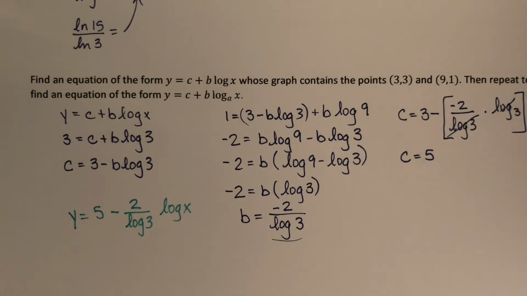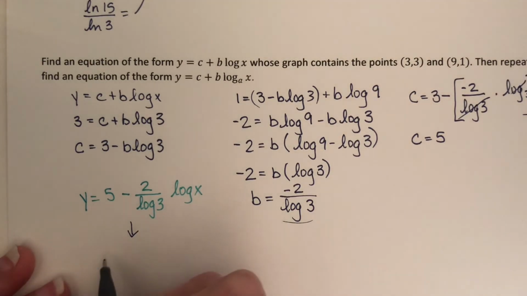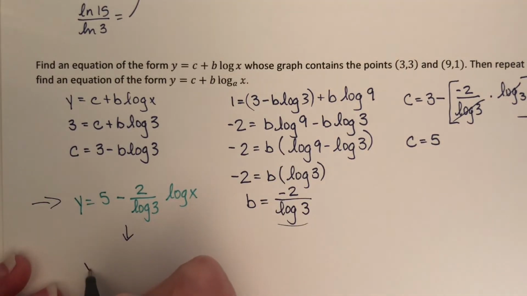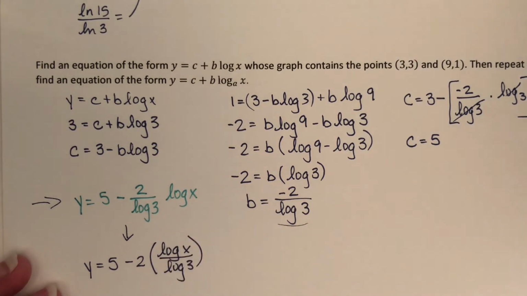Okay, or another way of writing this, I'm just going to rearrange this a little bit because this is the answer they'd be looking for in the first part. But if you rearrange this a little bit, you have that.